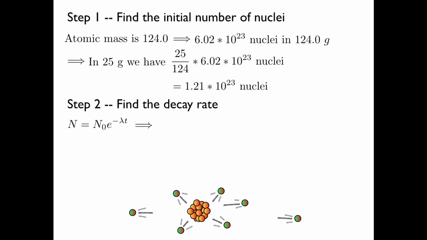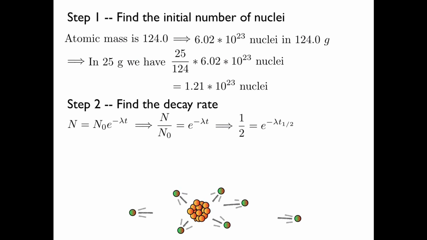If we divide both sides by N sub 0, we have this expression. And by definition, the half-life is the time at which the left-hand side, N over N0, is equal to 1/2. That's when half of the original number of nuclei remain. So now it's just a matter of solving for lambda.